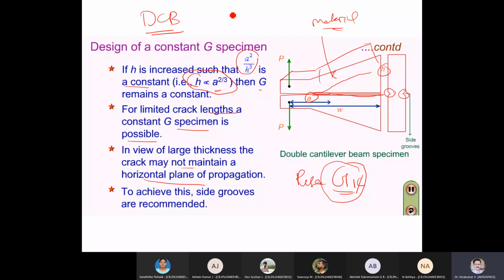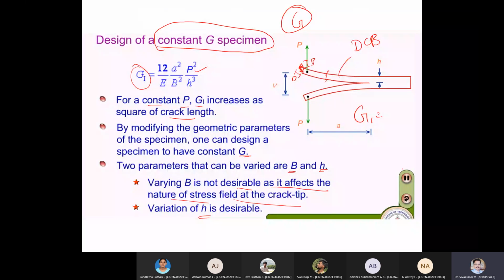Similarly, once I make the specimen, I can get my G1, easily, when the crack moves. There are two ways: theoretically I can get this one, and experimentally I can get this one, and I can compare. How experimentally? You have many other techniques to get the G1.